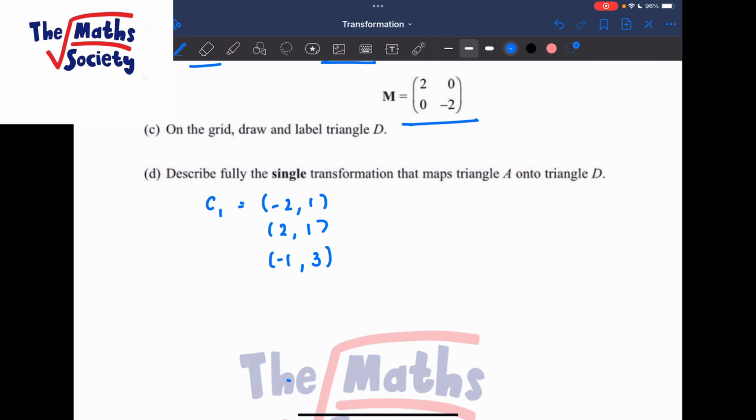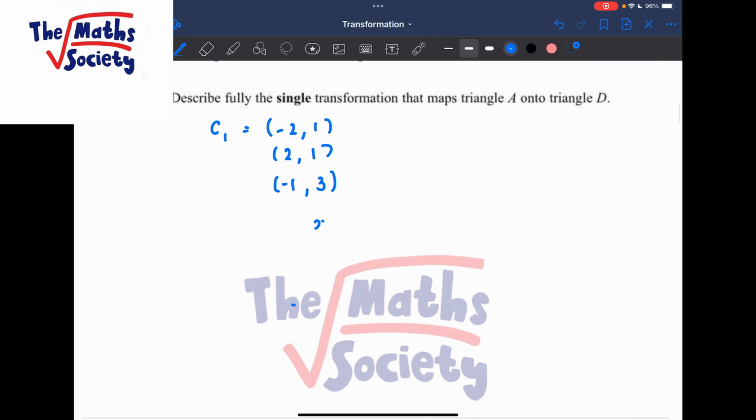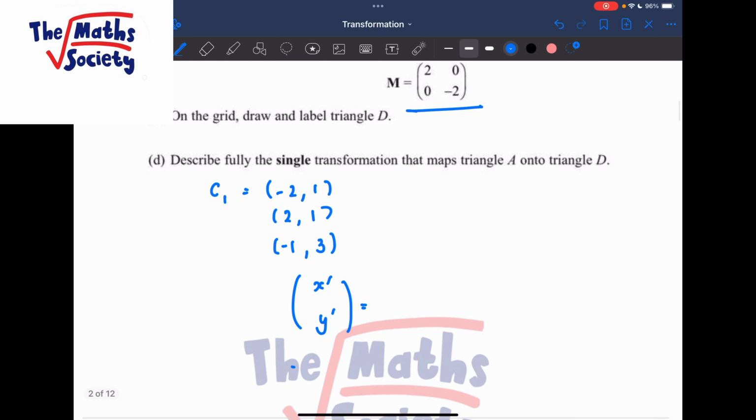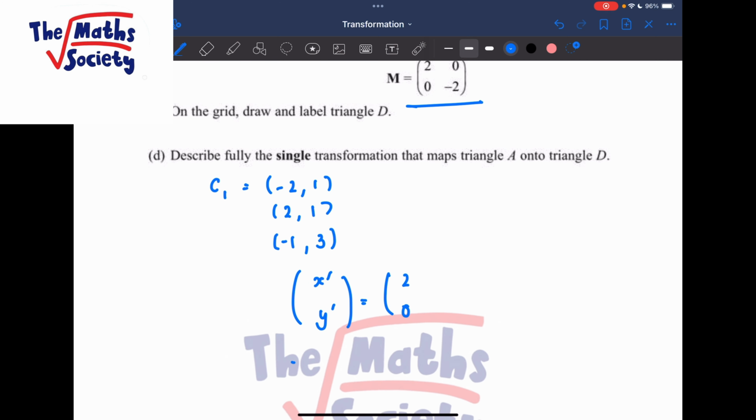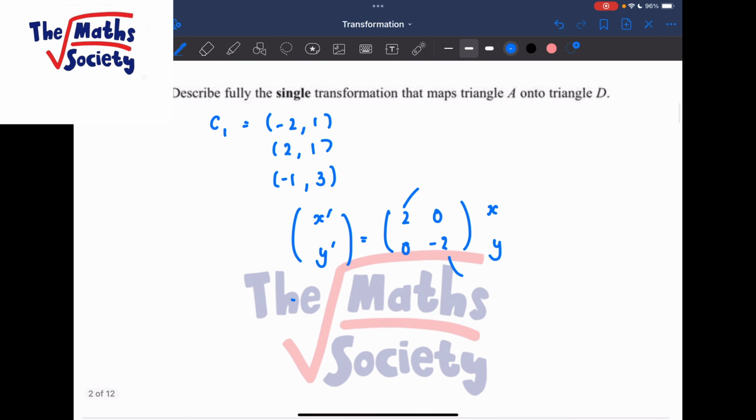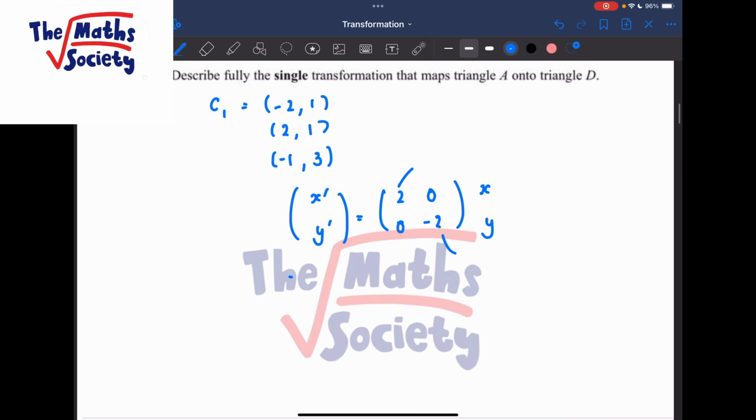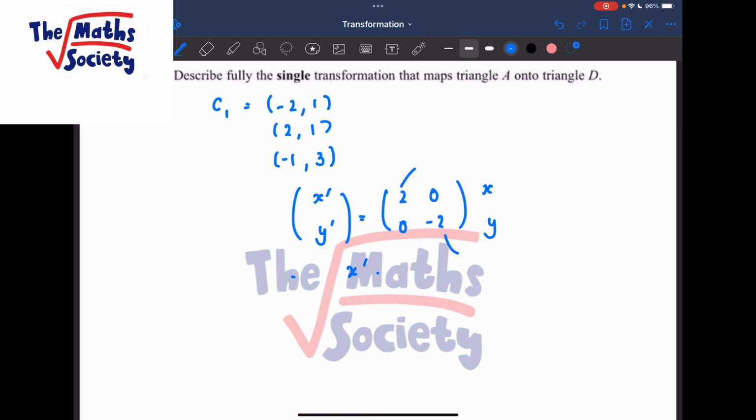And because we know that it is X, and the matrix is 2, 0, 0, -2, so that's X and Y. We just need to multiply all the X's by 2 and all the Y's by -2. I will show you the first one. X prime: you have -2 right here, and you multiply by 2, so you get -4.